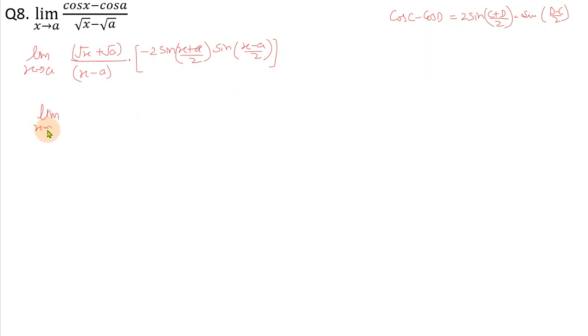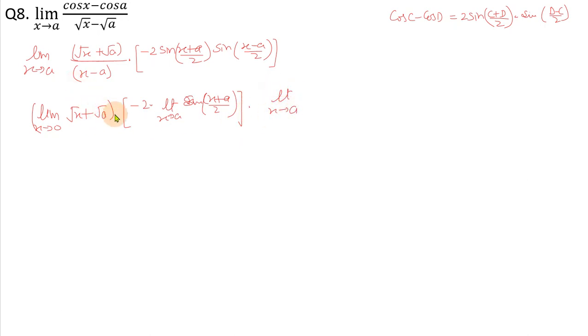We have to just adjust the terms. First term is root x plus root a, into minus 2 into limit x approaches a sin x plus a upon 2, into limit x approaches a.